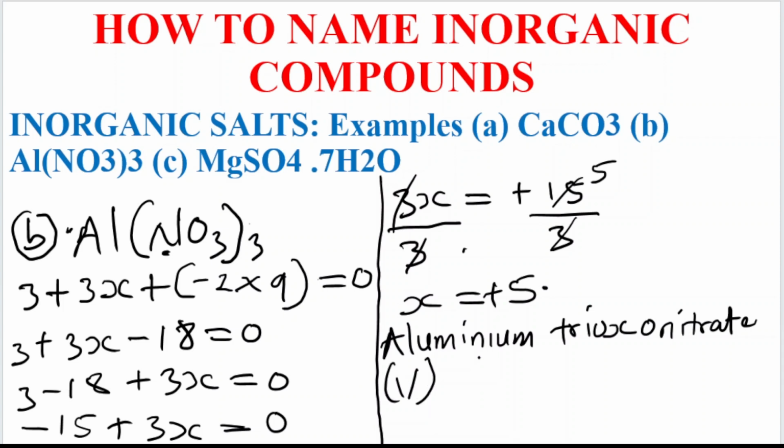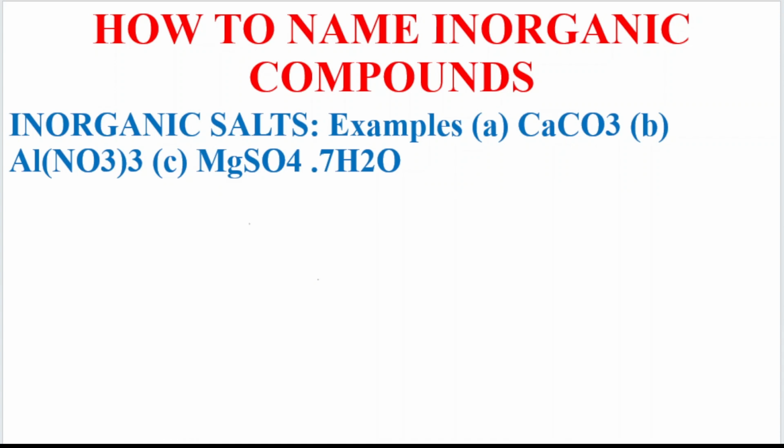In some textbooks, of course, it might be written as aluminum nitrate, just like that. All of them are correct. It depends on what you are working on. All right, so let's solve the last question, the C part.